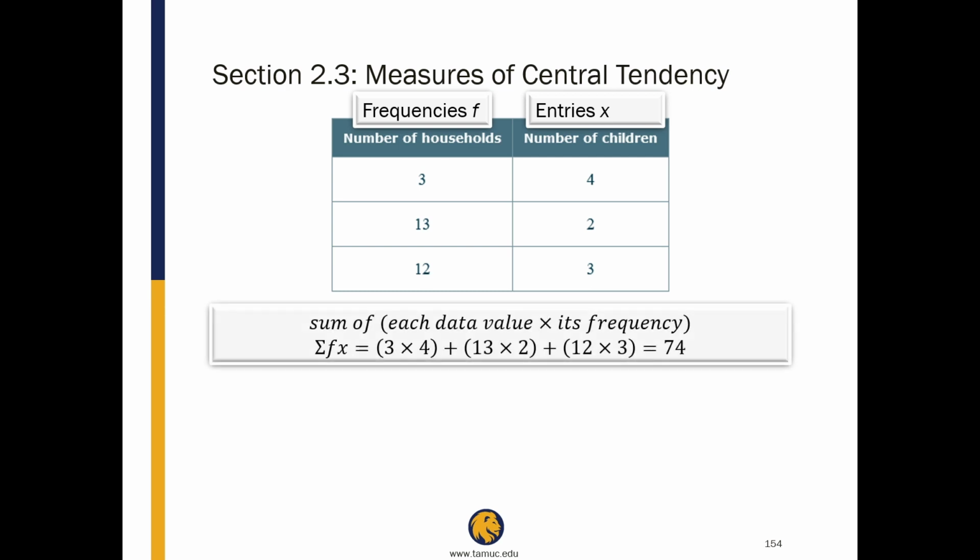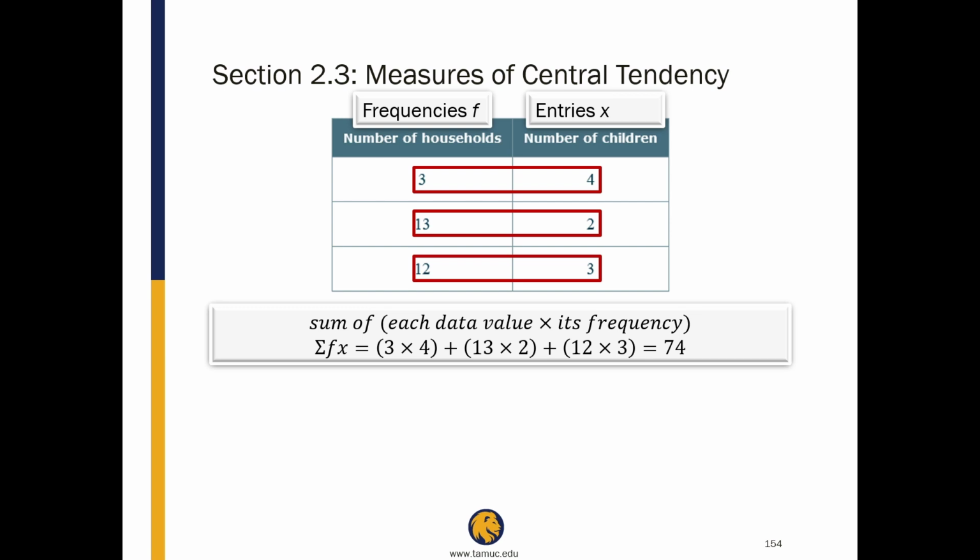So in the formula, we need to take the sum of each data value times its frequency. So we're going to do the data value 4 times the frequency 3, 3 times 4, 13 times 2, and 12 times 3. We're going to add those up together, to get a sum total of 74.